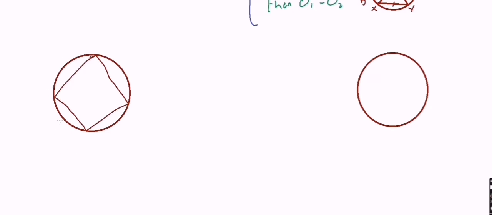What closes this figure is the circle itself. So I don't need these sides to all be closed in order for that thing to be a cyclic quad. I just need a connected figure with four points on the circumference.